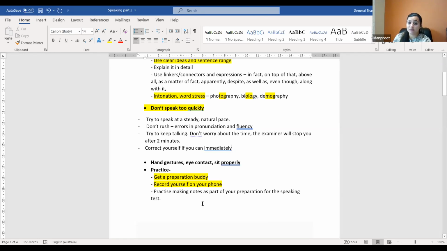Practice making notes too, because that's part of the speaking preparation. Don't just practice speaking, practice making notes as well. Using that 1 minute which you get in part 2 is very important. So practice making notes and speaking. All right, that's pretty much it for part 2.